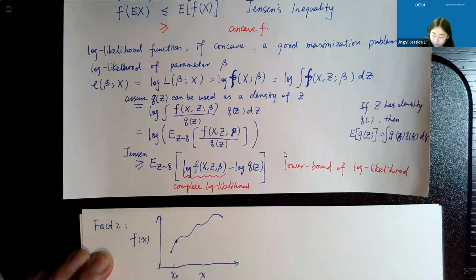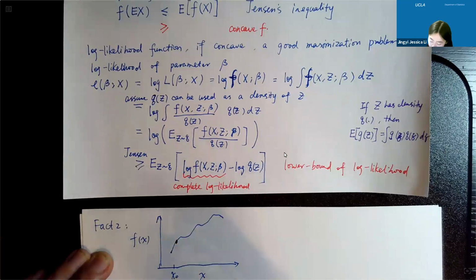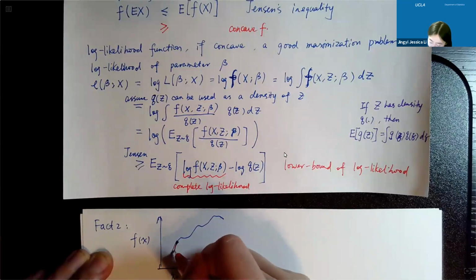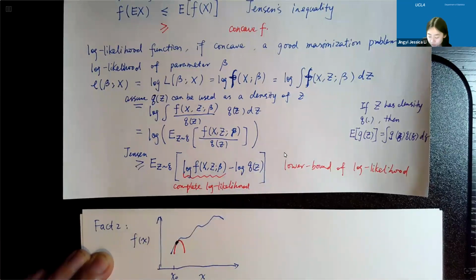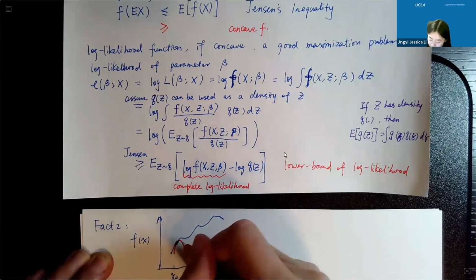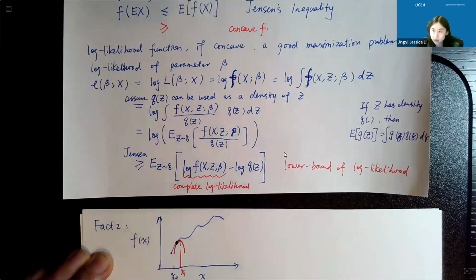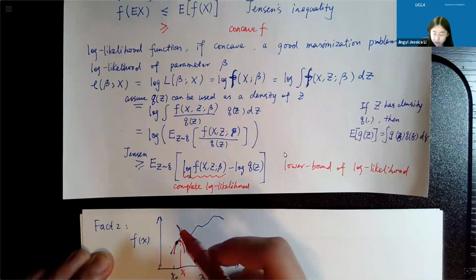One possible way is that if you can find a lower bound that's tangent with this curve at this value, then you maximize the lower bound. Call the maximizer x1. Then you can show that using this x1, f(x1) will be greater than f(x0).